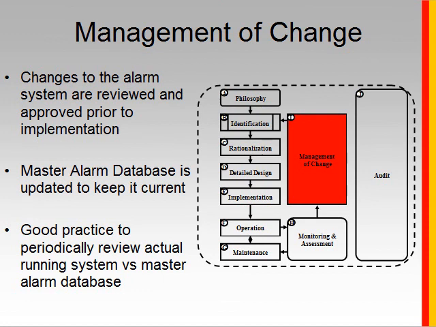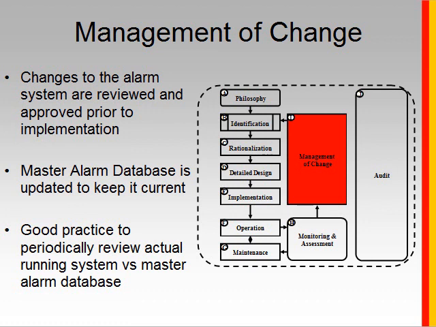Next comes management of change. This is very important. Even if you followed all of the design recommendations and the best practices, if you don't have a setup for controlling who can make changes to the system and under what circumstances, you're going to shoot yourself in the foot, because the system will be changed away from the way it's supposed to be. So the idea here is to set up the practices and procedures for who can change what and when.